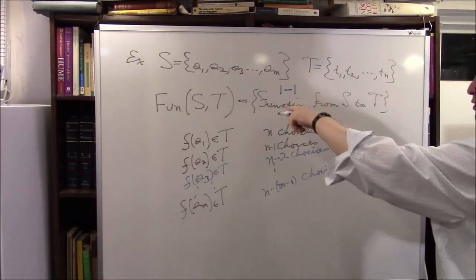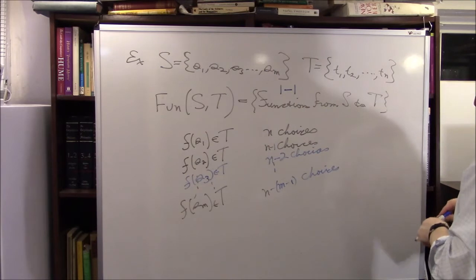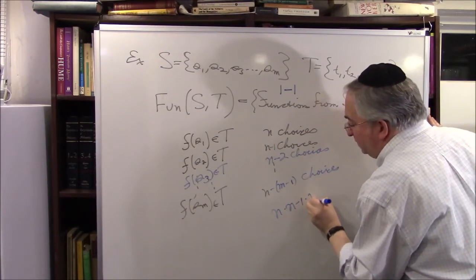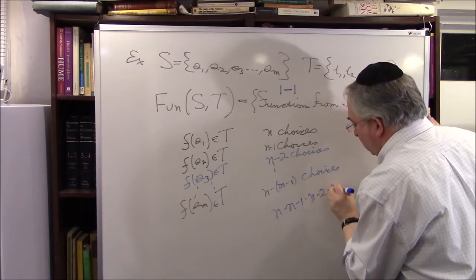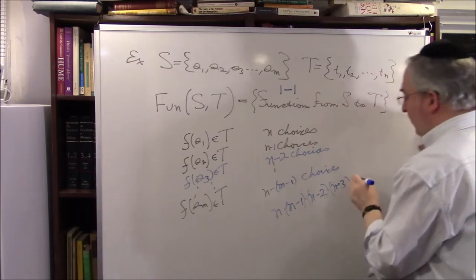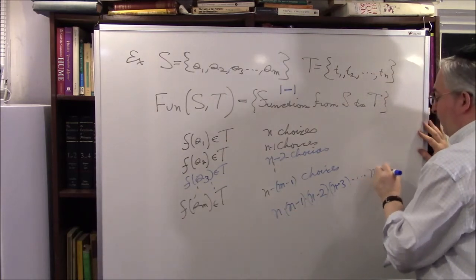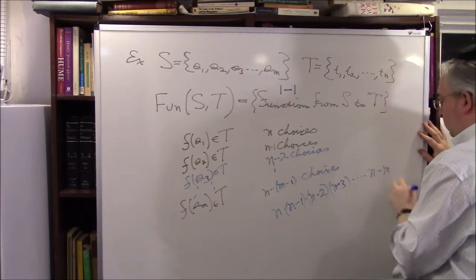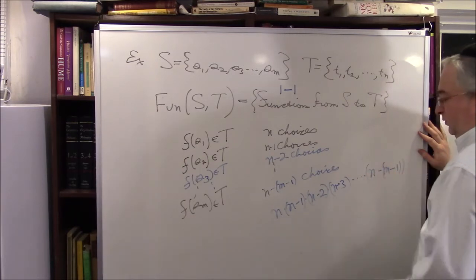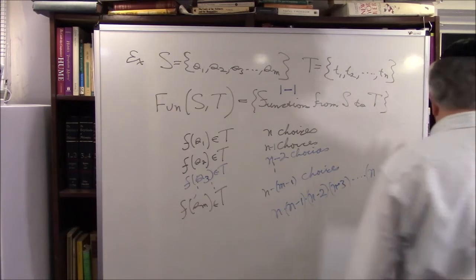Again, we're dealing with one-to-one functions. And the answer is n times n minus 1 times n minus 2 times n minus 3, dot dot dot, times n minus m plus 1. That's how many choices I have.